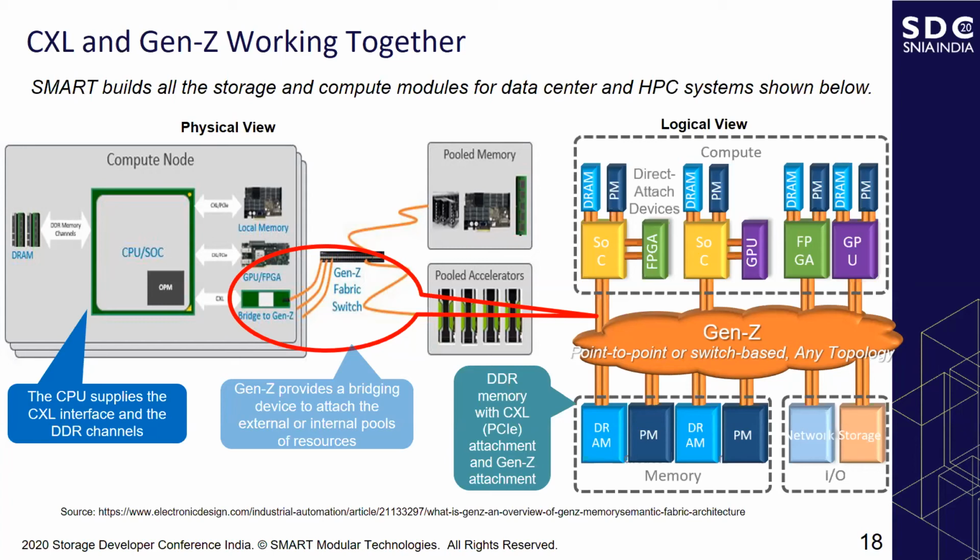CXL focuses on enabling coherent node-level computing, while Gen Z focuses on fabric connectivity at the rack and row level. Gen Z also provides a bridging device to attach external or internal pools of resources.